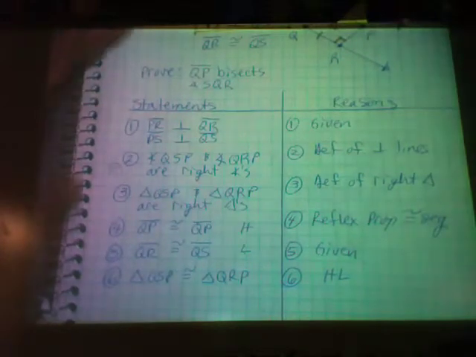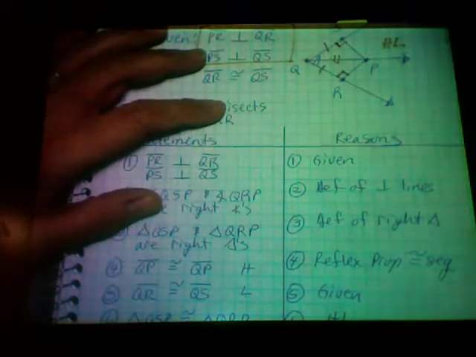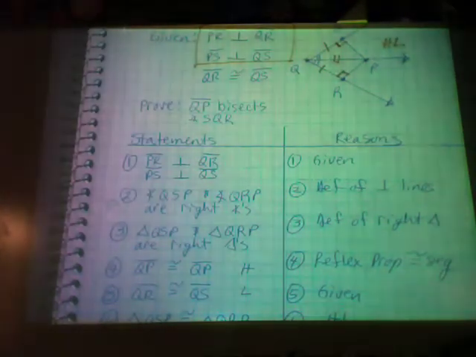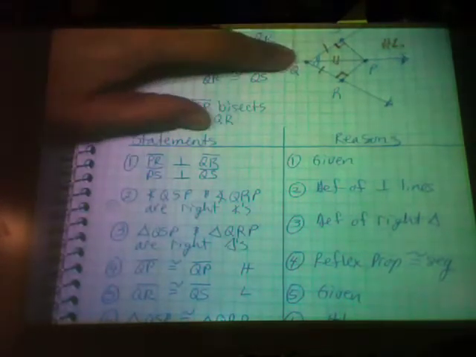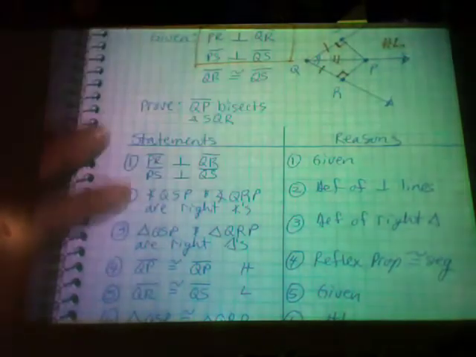Now, I'm going to drop this down for a minute. So if the triangles are congruent, wouldn't you agree that these angles right here are corresponding and congruent? Don't we know that corresponding parts of congruent triangles are congruent? So I can state that this angle, SQP, and this angle, RQP, are congruent.